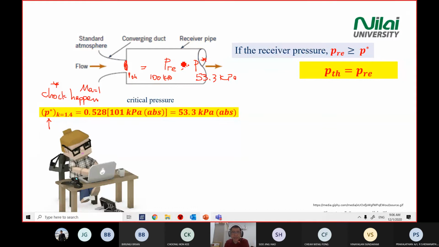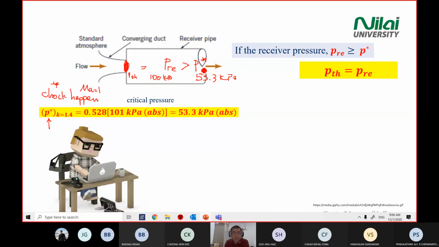Okay, I repeat. So there's a statement. If your receiver or container pressure is more than what you calculated just now, more than the pressure at the choke point, 53.3, the pressure at the throat area will be equal to the receiver pressure, the container pressure.